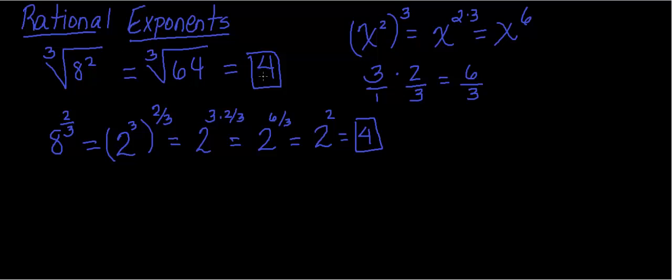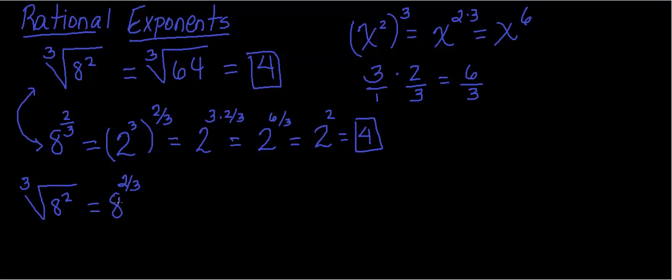If A is equal to B and B is equal to C, then A has to equal C. So with these results, that means that this and this are equal. I can say that the cube root of 8 squared is the same thing as 8 raised to the 2/3 power. And we have found a way to change a radical expression into an expression with a rational exponent.